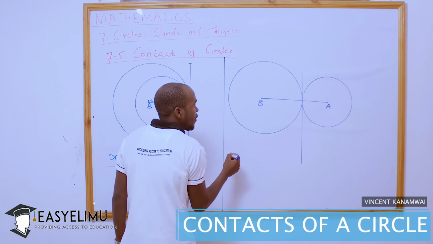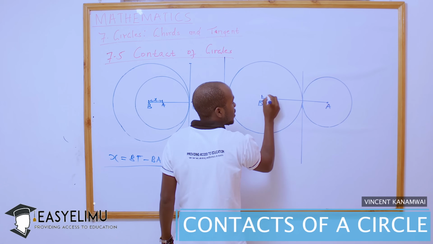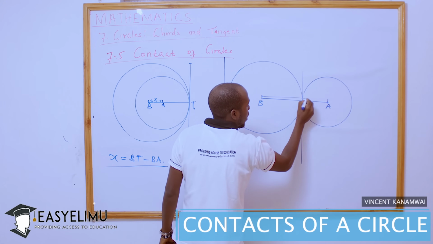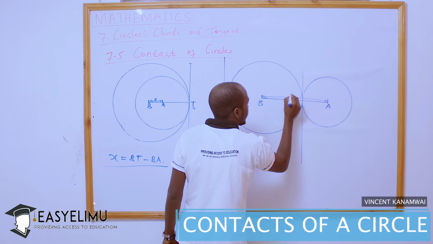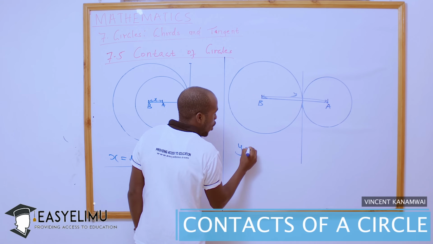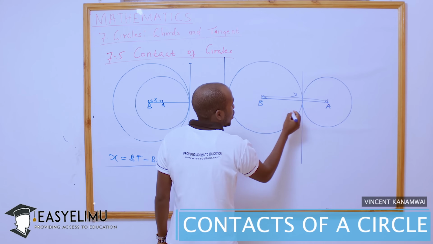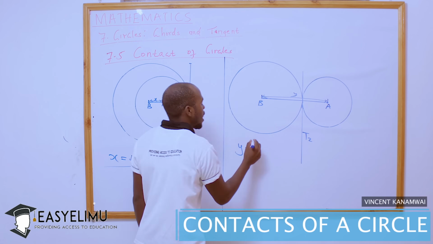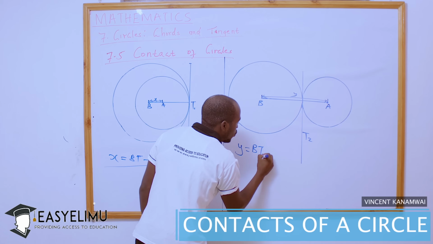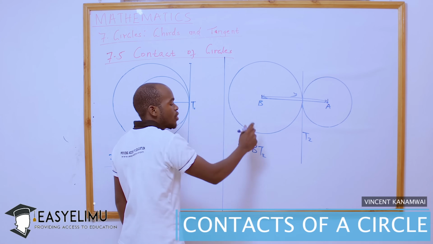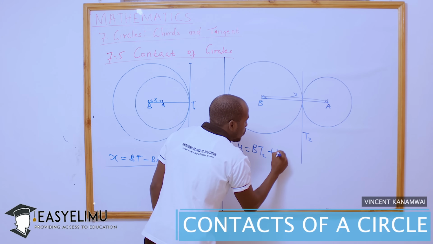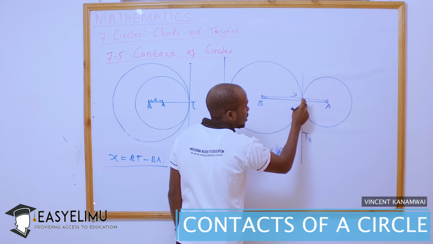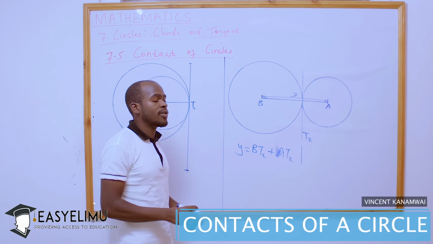If you want the distance from here to here, let's call it Y. If this one is our tangent 2, for example, that distance Y will be BT2, the radius of the larger circle, plus AT2, the radius of the smaller circle.